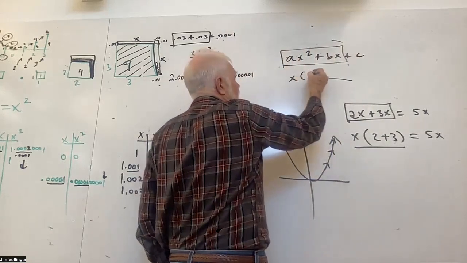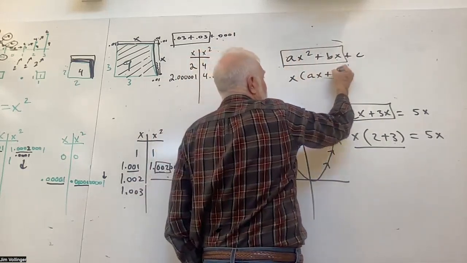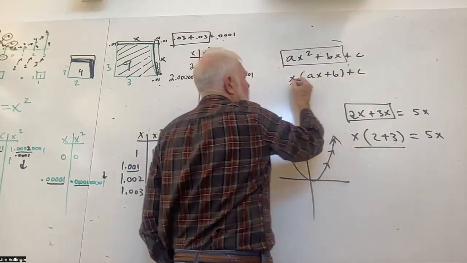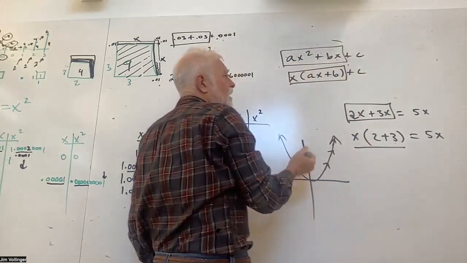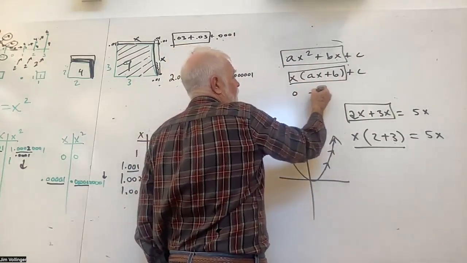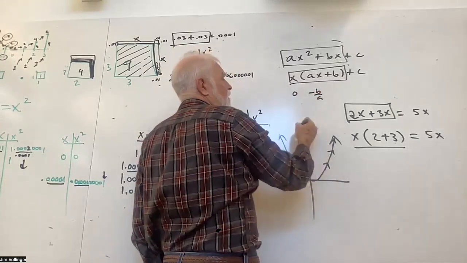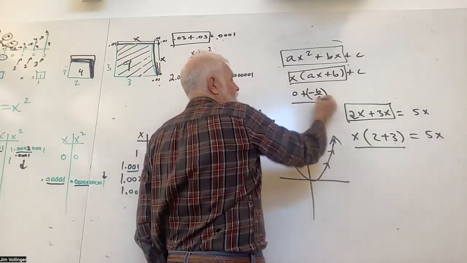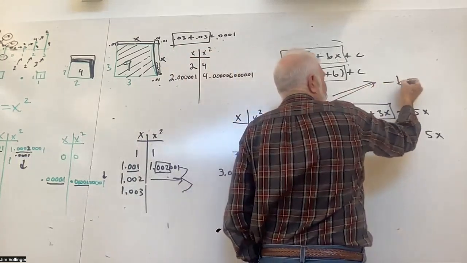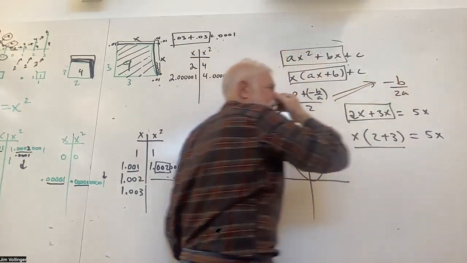I can write that as x times ax plus b, plus c. And if I want this product to equal 0, I get two numbers. I get 0 and I get minus b over a. And if I add those up and divide by 2, I get a very important term, minus b over 2a.